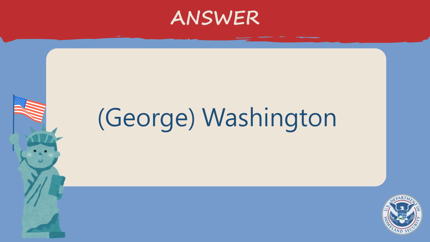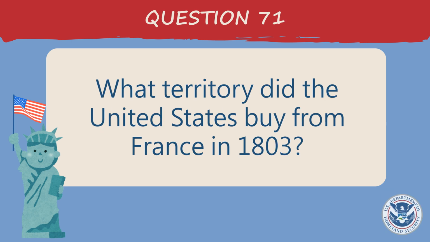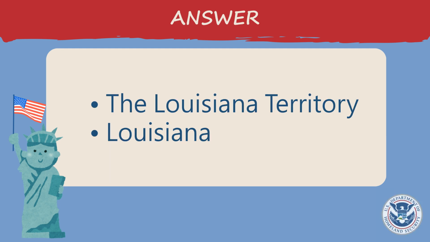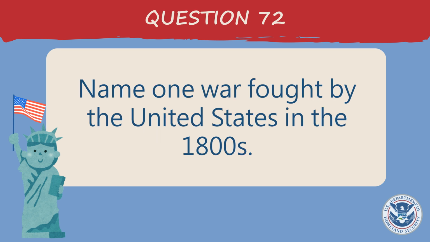Who was the first president? George Washington. What territory did the United States buy from France in 1803? The Louisiana Territory, Louisiana. Name one war fought by the United States in the 1800s.